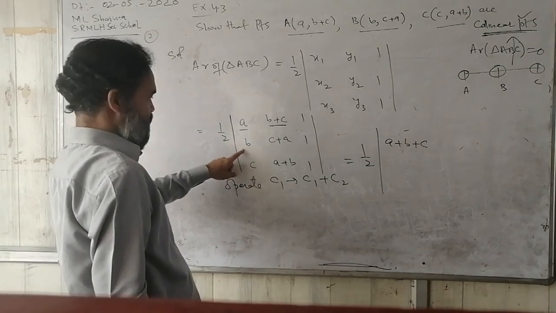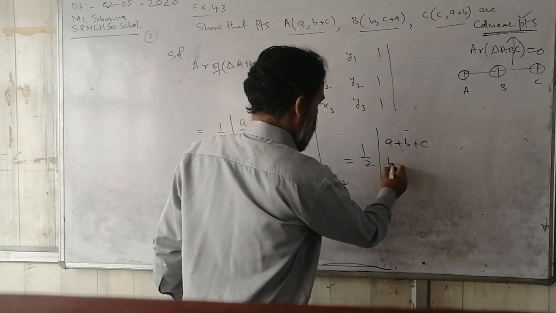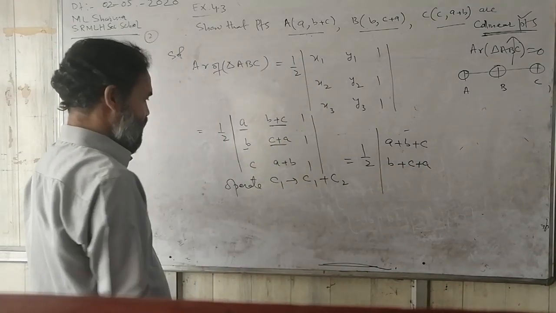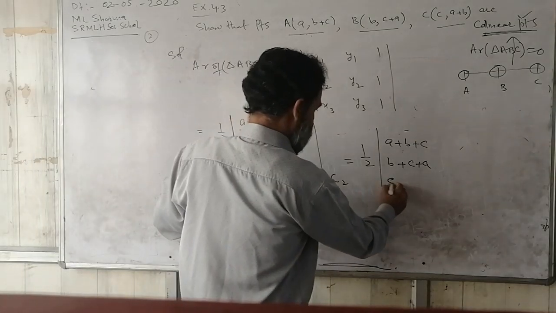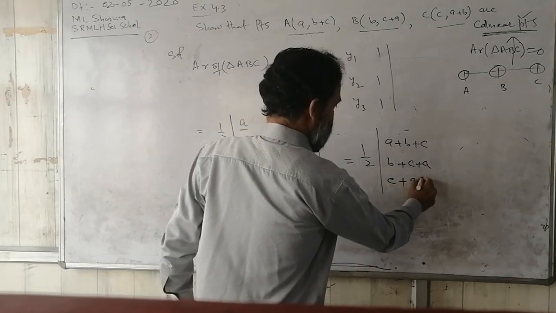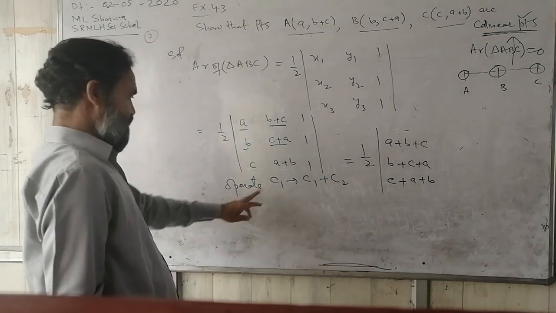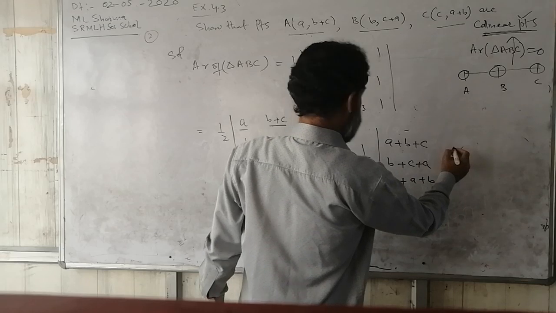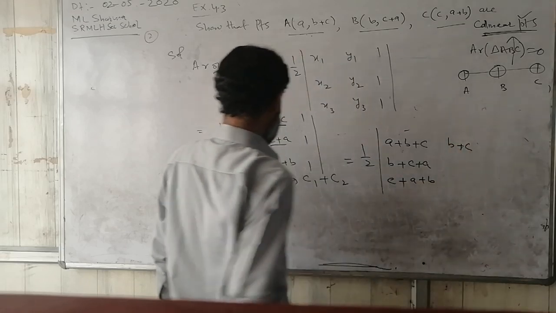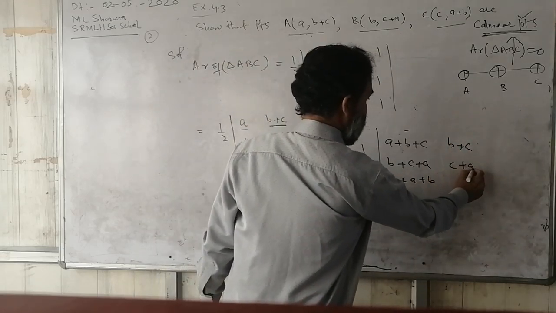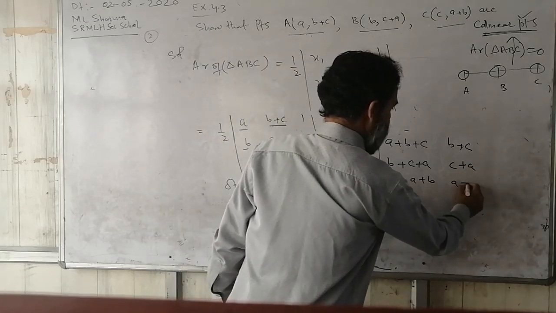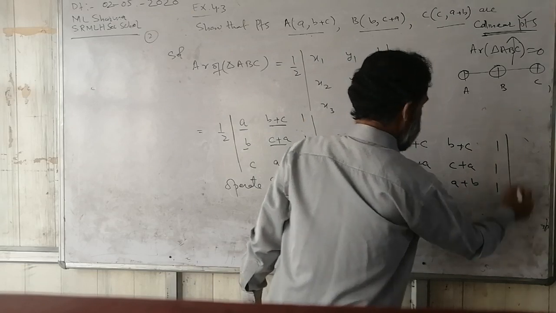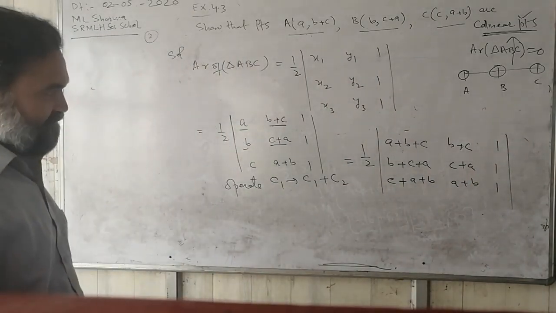Again here, b plus c plus a, and in the same way, c plus a plus b. This is the operation C1 goes to C1 plus C2. The next column remains as it is: b plus c, c plus a, and a plus b. And the last column 1, 1, 1 will remain as it is.